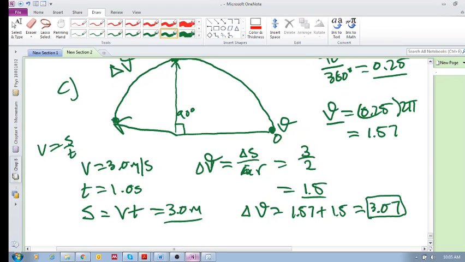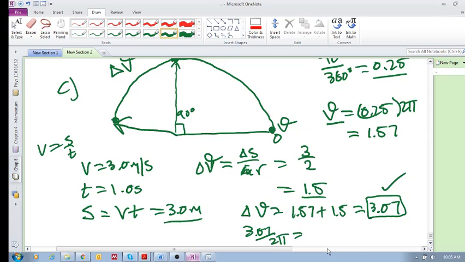But remember what I always like to do, that's the answer. What I like to do is to convert it into a percentage of a revolution or into an angle, just so that I know where I am on the circle. So if I divide 3.07 by 2 pi, I'm effectively dividing it by a full revolution.